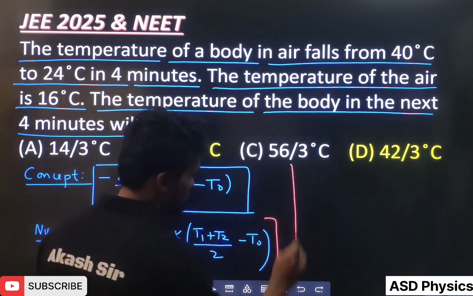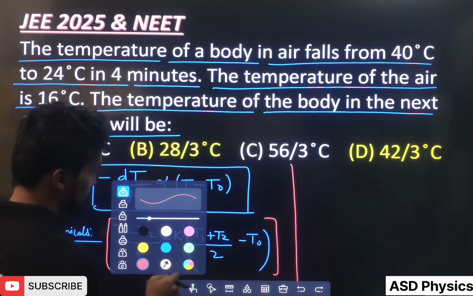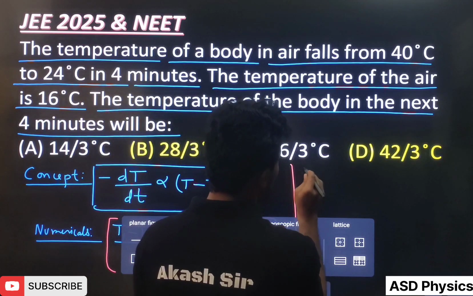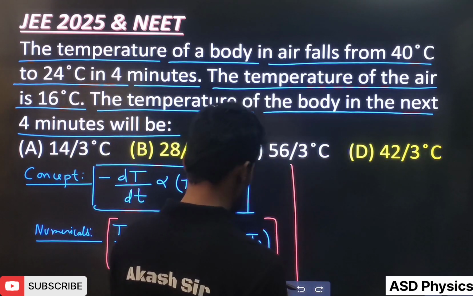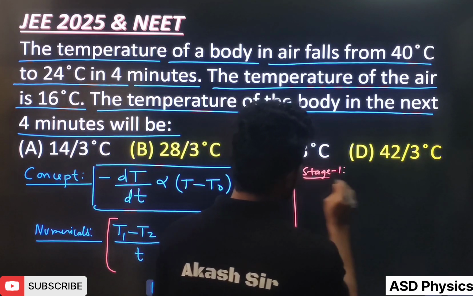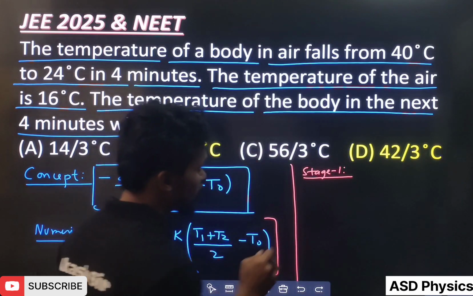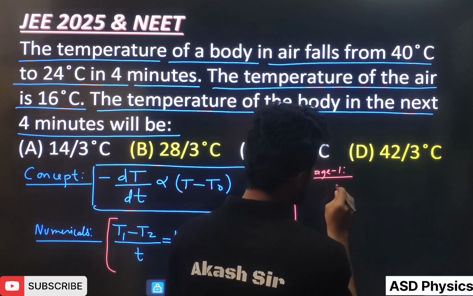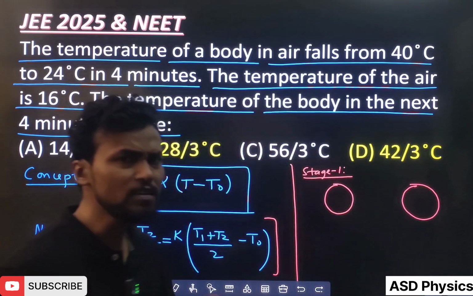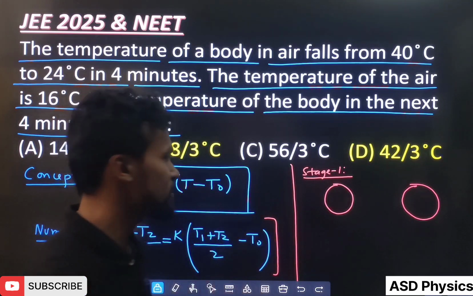Let me see the question situation. First I will write stage 1. In stage 1, let me draw the situation. The body is there, not 2 bodies, the body is 1, we are drawing the different situations.